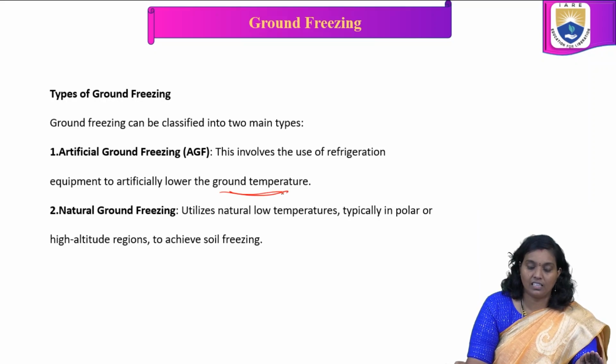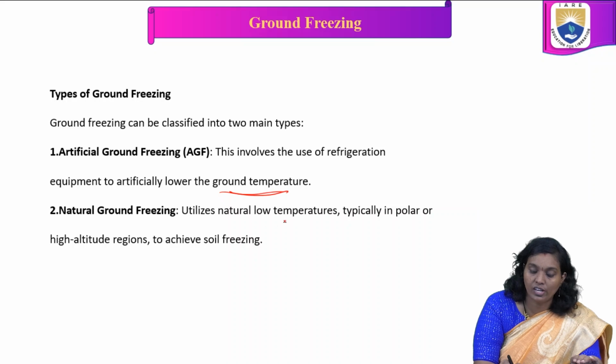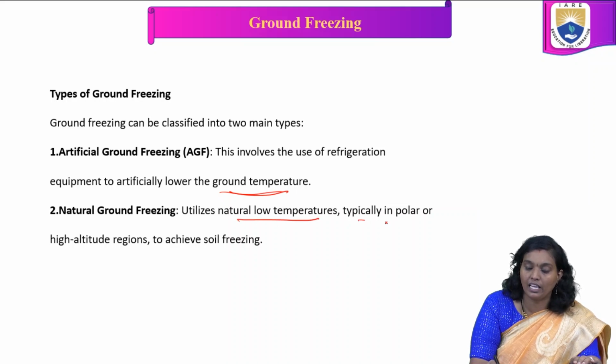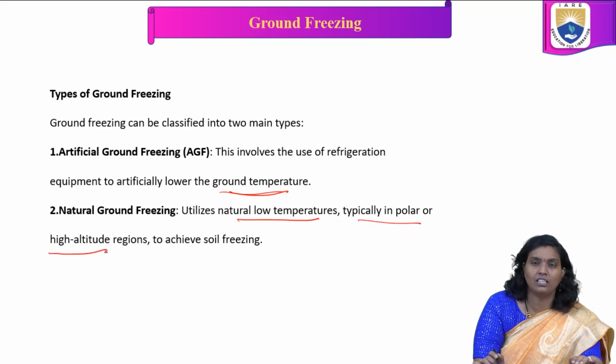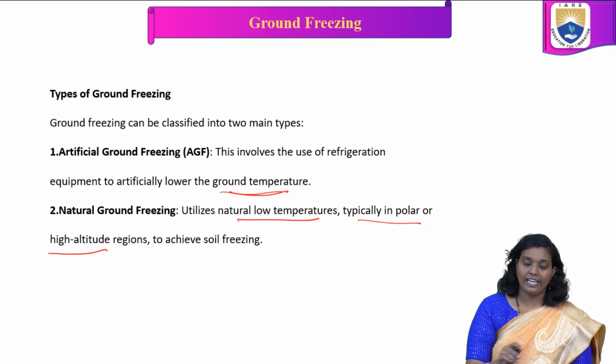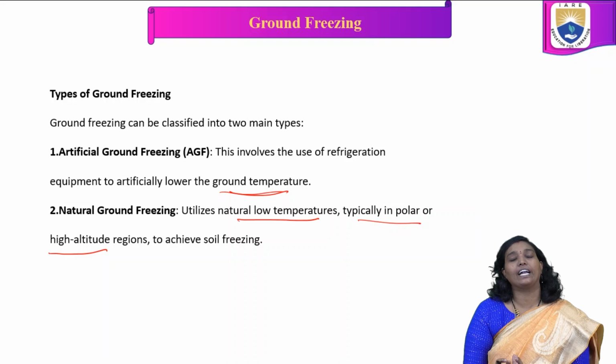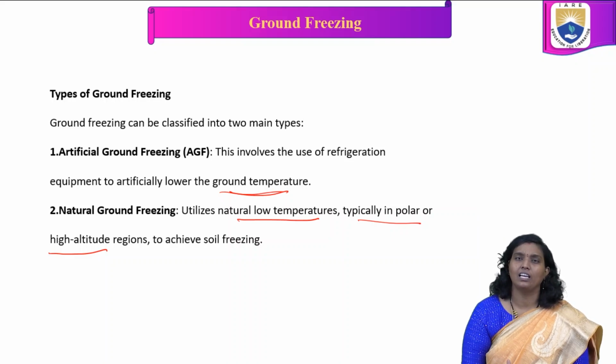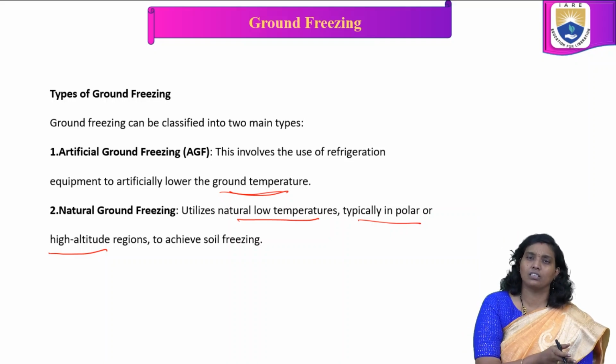Natural ground freezing utilizes natural low temperatures, typically in polar or high altitude regions, to achieve soil freezing. It depends upon the geographical conditions of that particular locality.